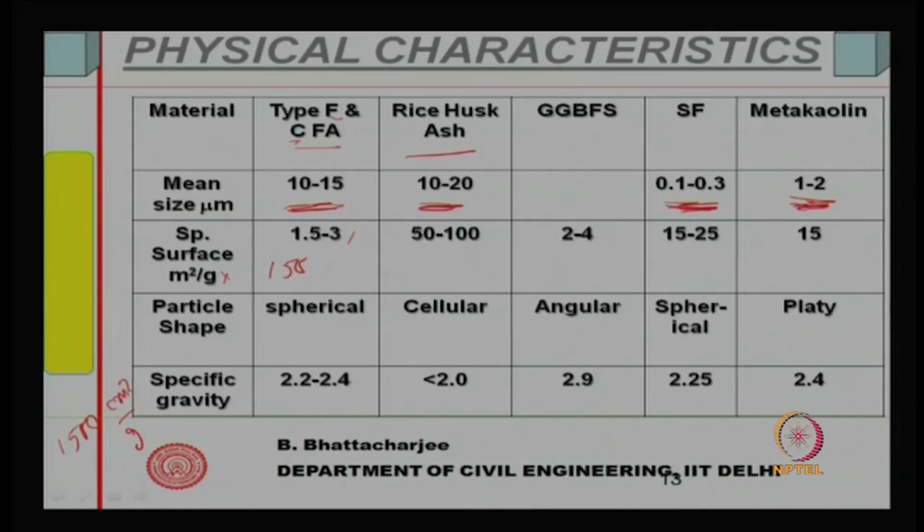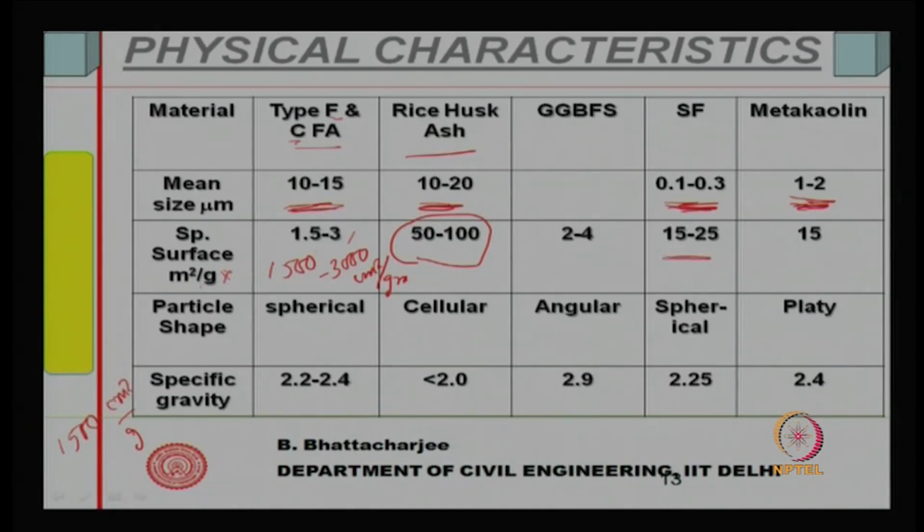It should be 1500 centimeter square to about 3000 centimeter square per gram, whereas this is much higher. This is not correct. Actually, the unit would be meter square per gram, with a multiplication factor of 10, but the relative values are the same.